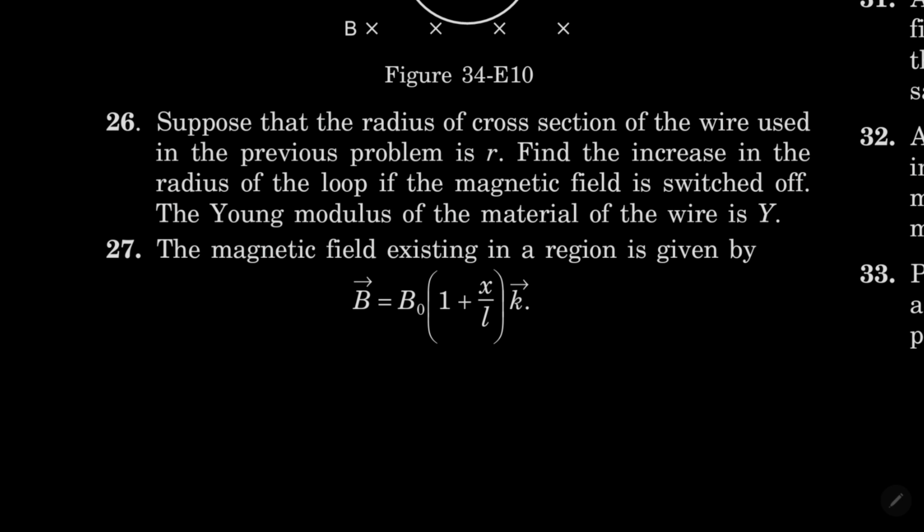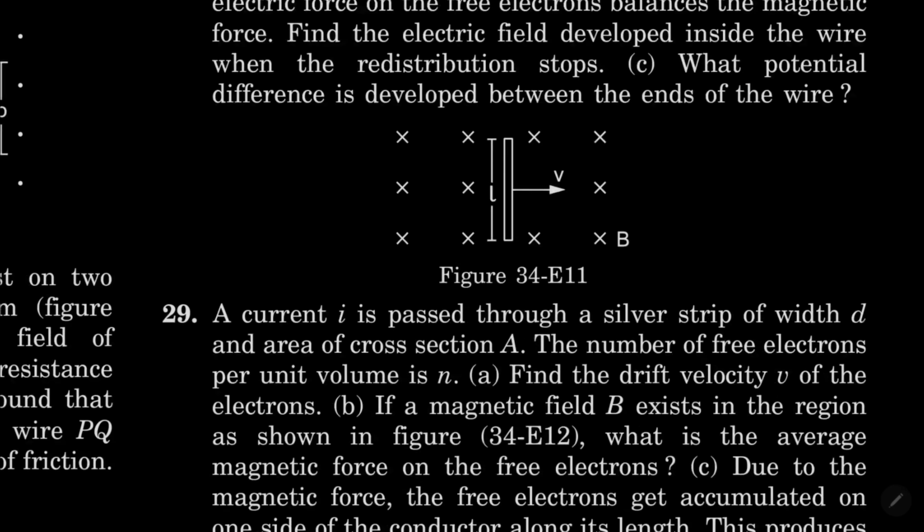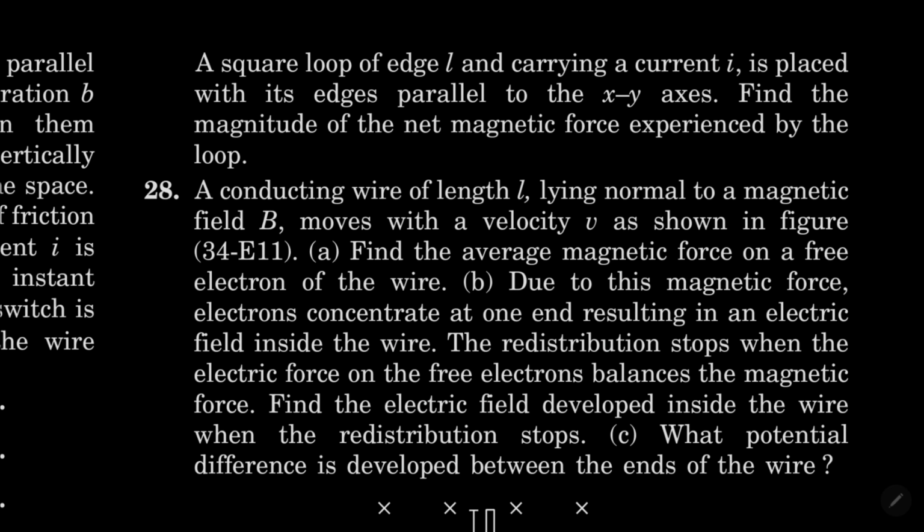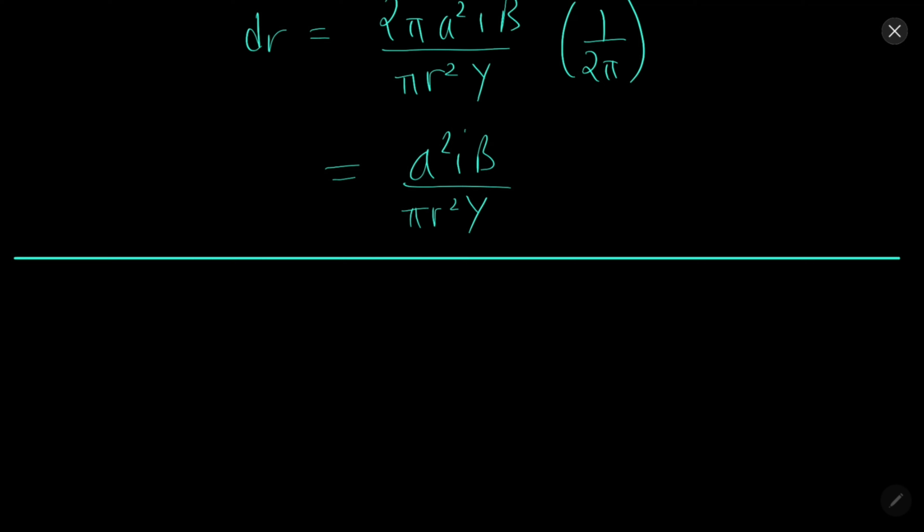In 27, a magnetic field is there. Find the magnitude of the net magnetic force experienced by the loop. Solution 27.